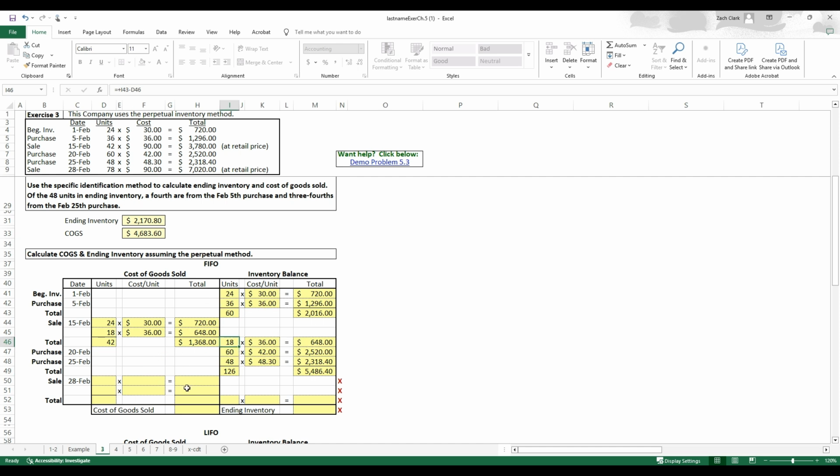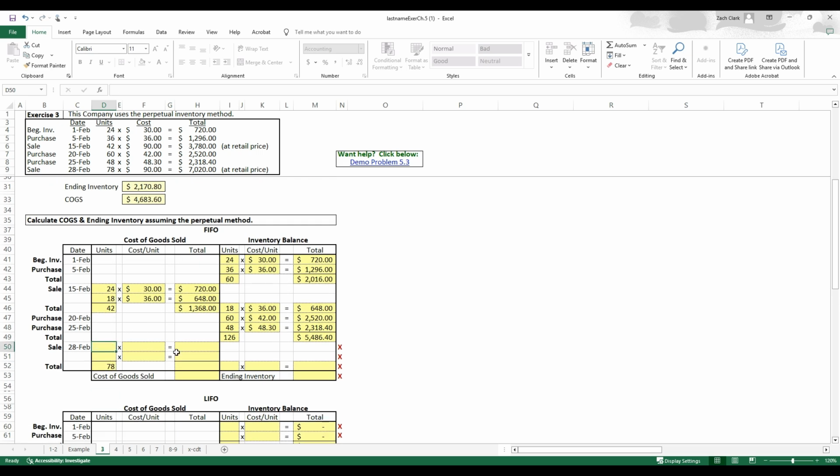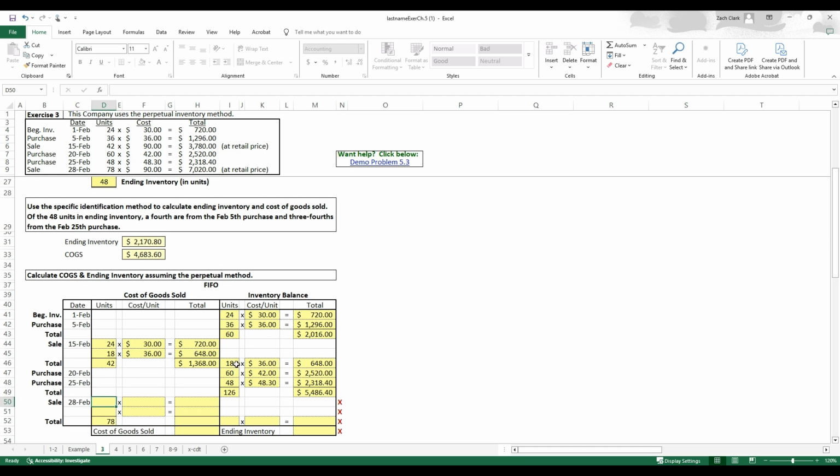And so that's going to be the first to go the next time we have a sale, which is now on the 28th. So we're going to sell 78 total. I'm just going to put the total first this time. And then I'm going to say we had 18 units available from this layer at $36 per unit. So we'll multiply those together.